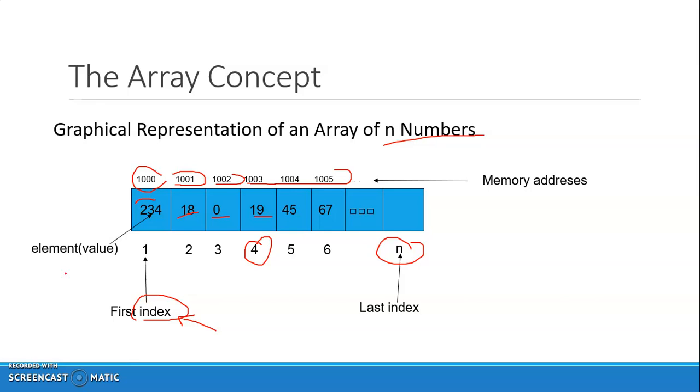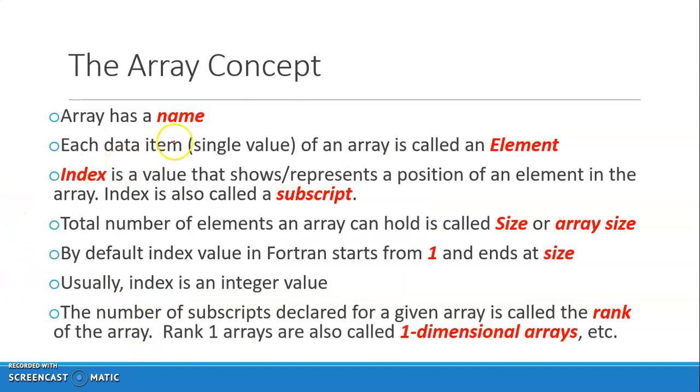We need to understand that arrays have got that contiguous memory allocation as their storage, and we can access elements using the name of the array plus the position, which we call indices. So an array has got a name, and the item of an array is called an element.